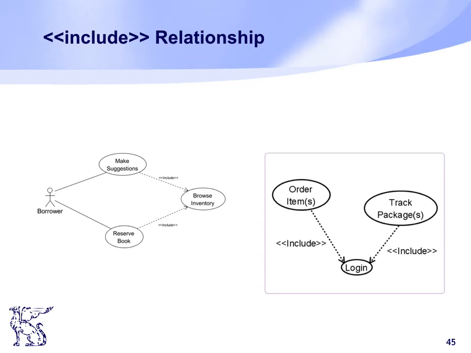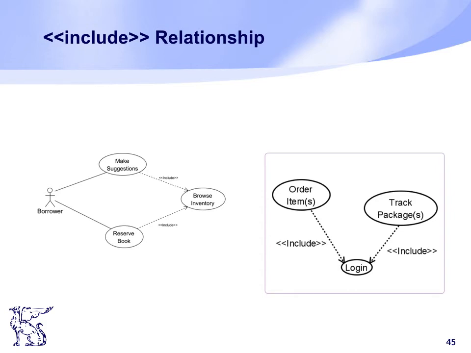Let's talk about a banking system. In a banking system, you can deposit your money, and you can also withdraw funds from your account. Now when you deposit funds and also when you withdraw funds, both of them call another use case, that is, update your account balance.